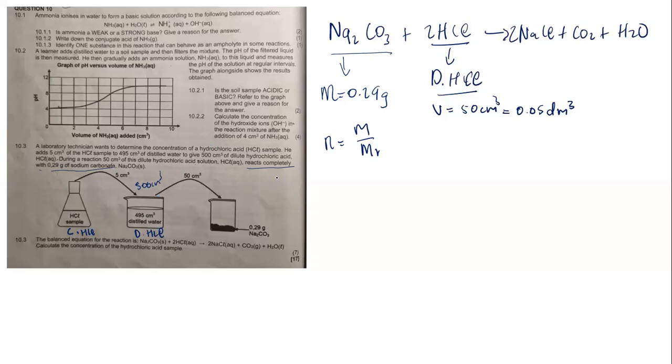So that means this is what we are going to do. After determining the number of moles in the 50 cubic centimeters, which is this, we're going to use this number of moles under this volume to determine the concentration of this.